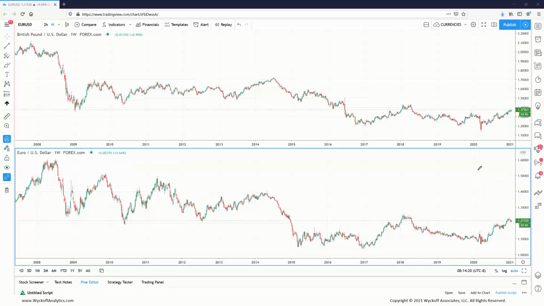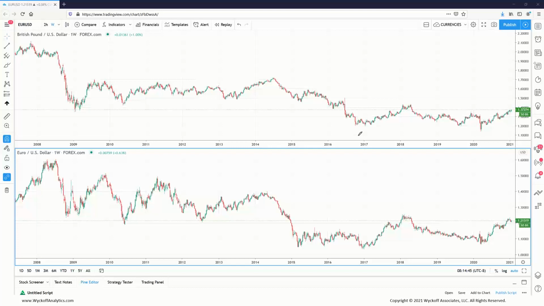Well, Roman, and hello everybody. We basically have 13 years of a strengthening dollar versus both the pound and the euro, and the nadir of this move is for the euro in 2015.